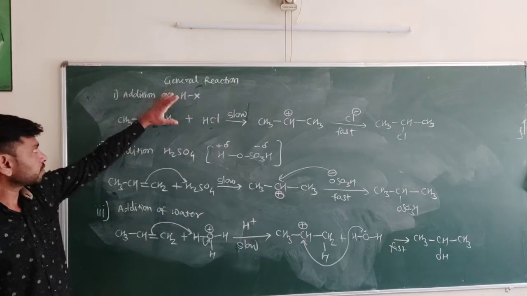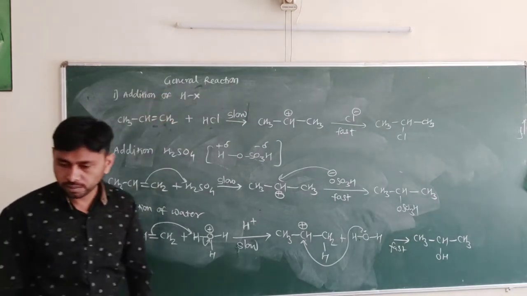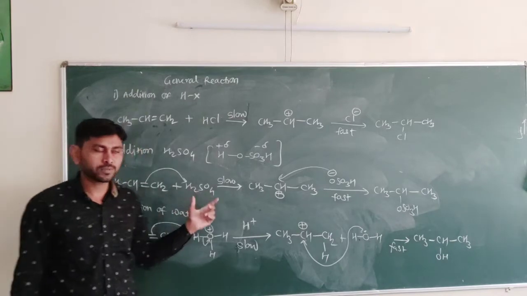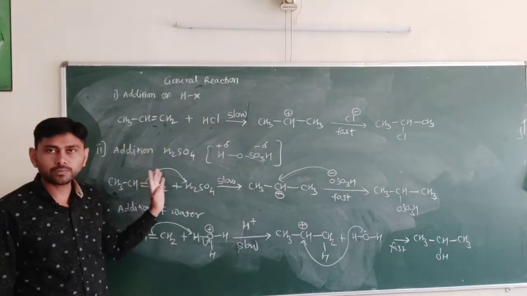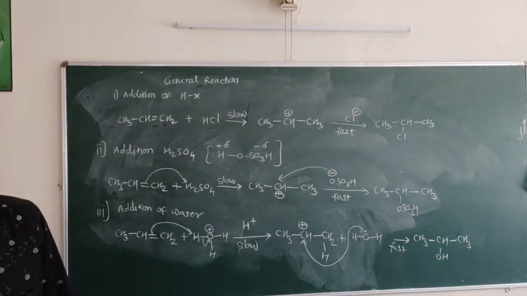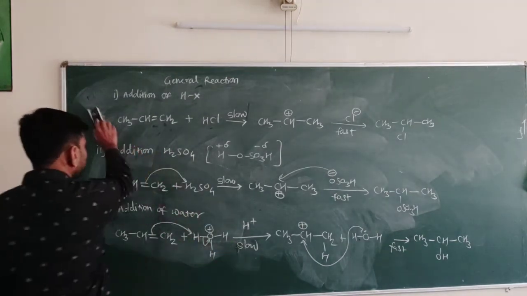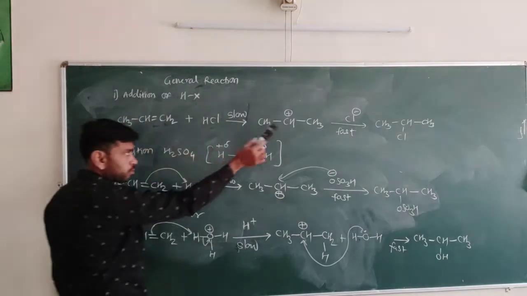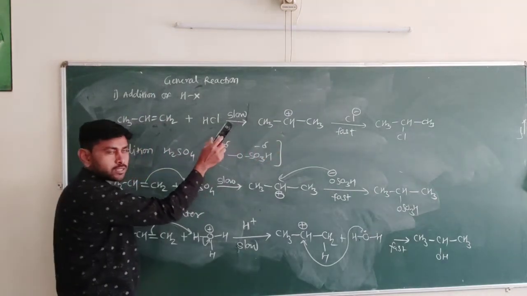Okay, so these are some examples. In these examples, we get some idea about the points we have to consider which support this mechanism. We see the first step is the formation of carbocation, which is a slow step.